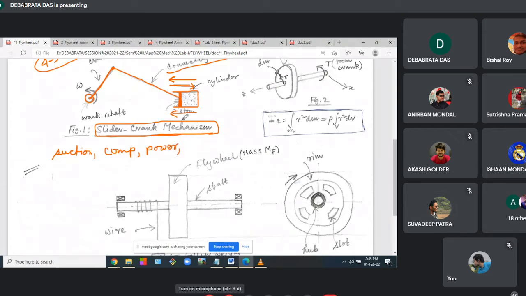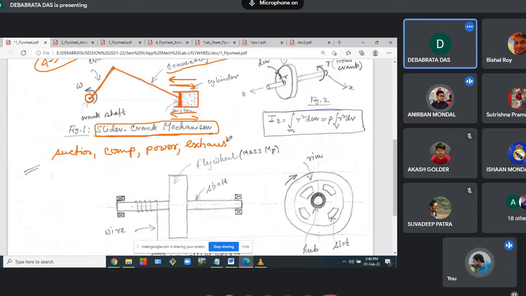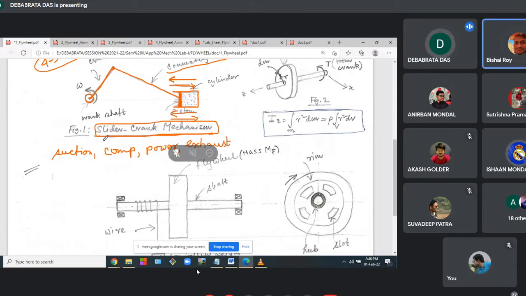And lastly, after the power stroke is completed, this burned gas is to be exhausted. So the piston starts moving in the opposite direction, and in doing so, the exhaust gas is expelled out of the cylinder. So that is called the exhaust stroke. I hope you know this. So it's a 4-stroke engine.